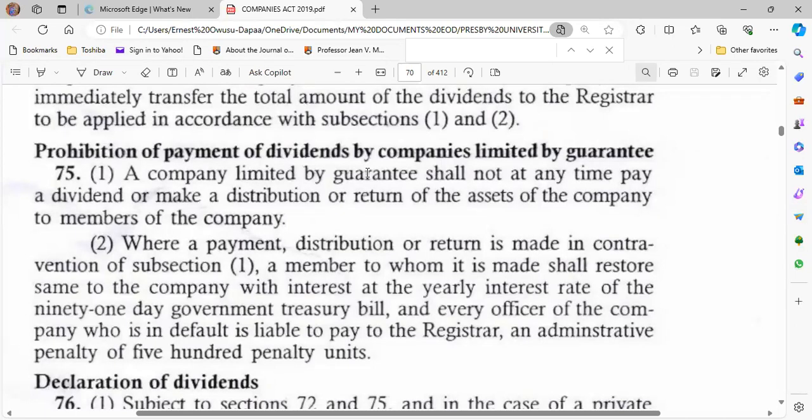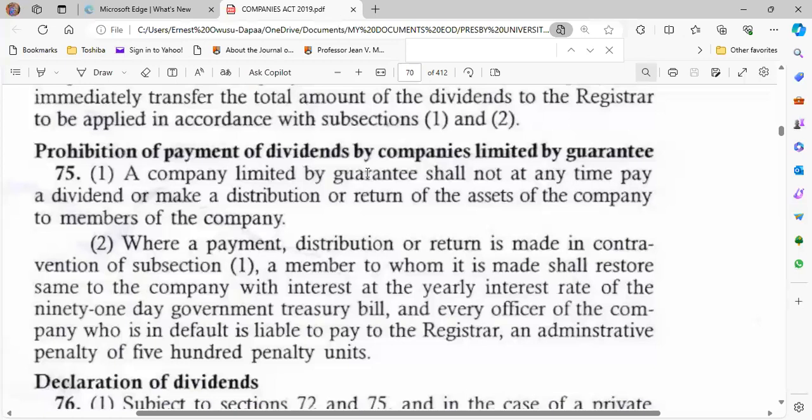So here we have a double-edged rule. Members in the company limited by guarantee who collected dividends when the company is not supposed to pay dividends will be compelled to pay the money back to the company together with interest accruing on it using the 91-day government treasury bill rate.